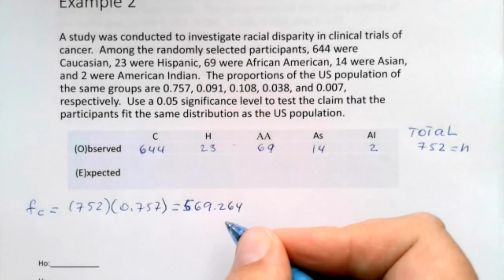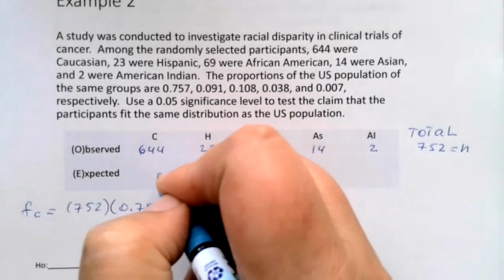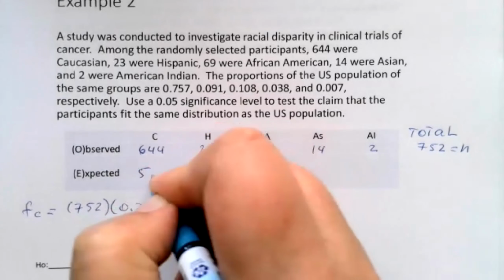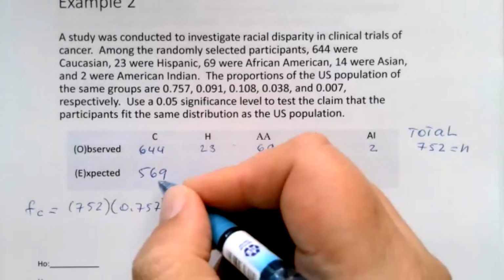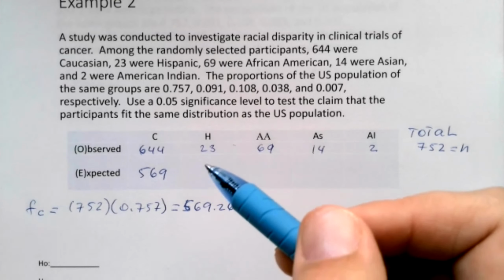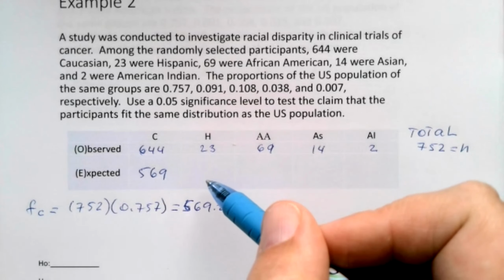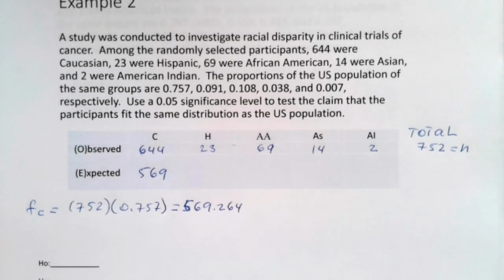So I'm going to round it to a whole number. Our expected number for Caucasian would be 569. So we see that in actuality, that number was higher. So we already get suspicious, but the question is, did it happen by chance, by a natural fluctuation, or was it design? Okay, so I'm going to continue this whole process to find expected values for the other categories.